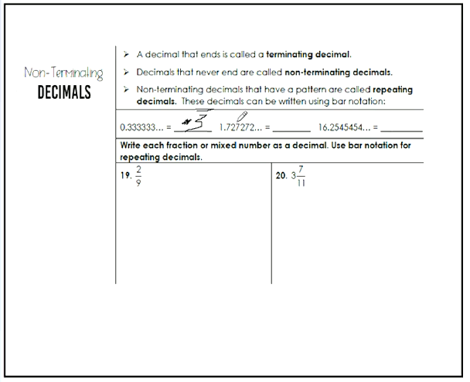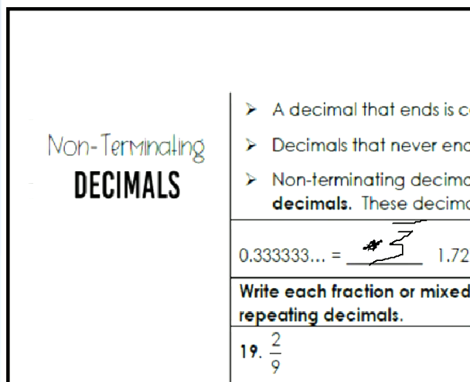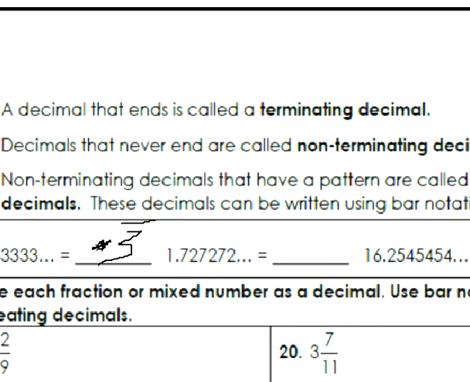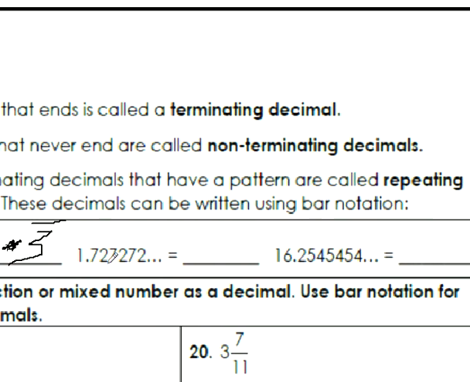Now you look at the next one, a repeat goes 7, 2, 7, 2, 7, 2. So your repeating part is 7, 2. So it's going to be 1.72 with a bar on top of it, meaning that's going to repeat.